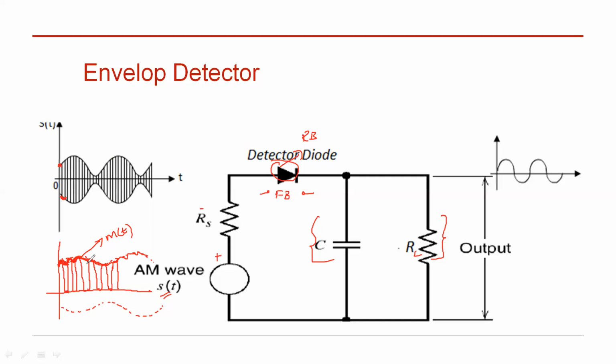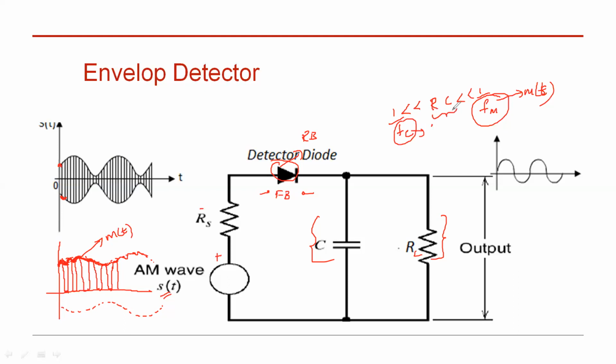In order to ensure fast charging and slow discharging, we have to design the RC filter such that the RC value should be in between 1 by Fc and 1 by Fm, where Fm is the frequency of the message signal m(t) and Fc is nothing but the carrier frequency.